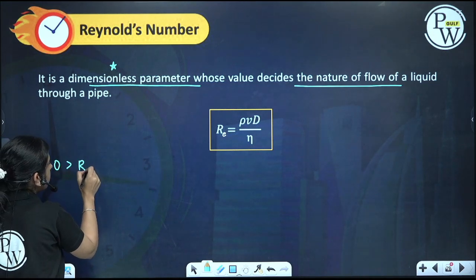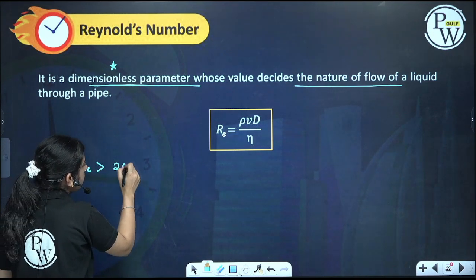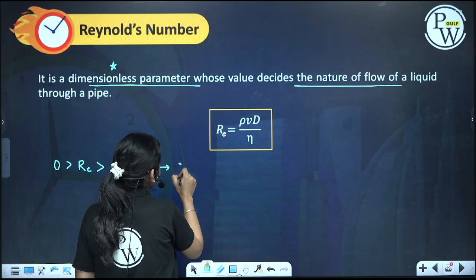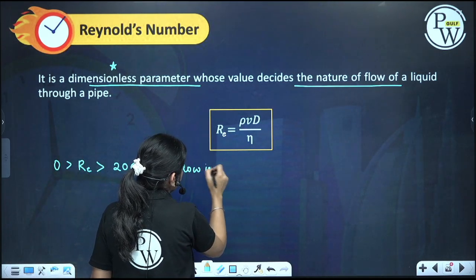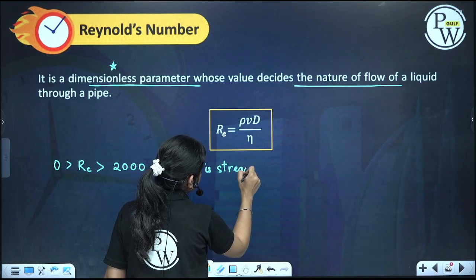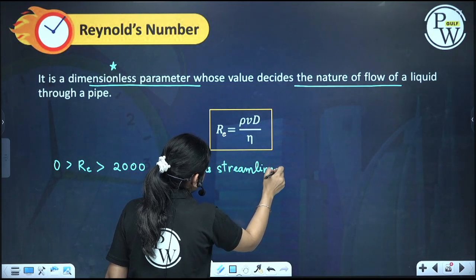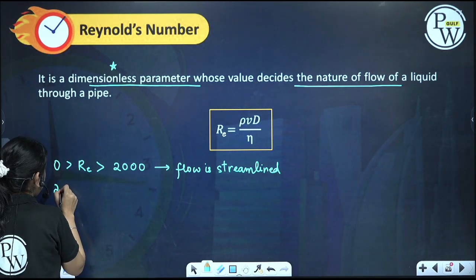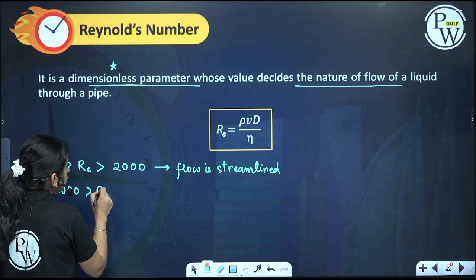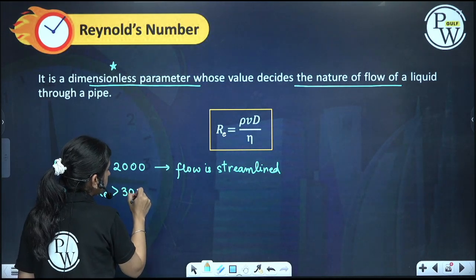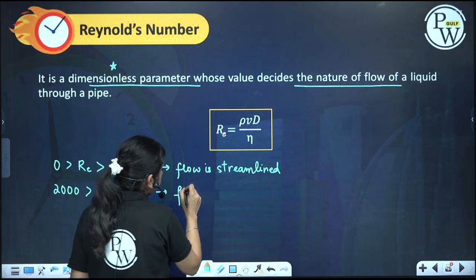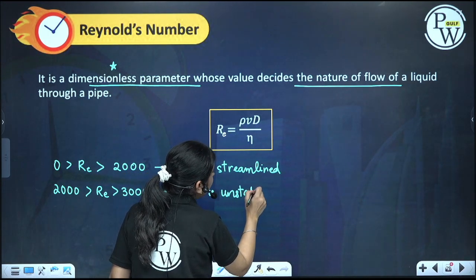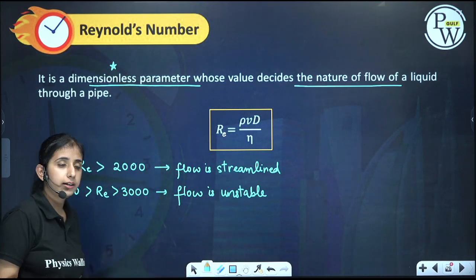If the Reynolds number lies between 0 and 2000, then the flow is streamlined. If the Reynolds number is between 2000 and 3000, then the flow is unstable; it can be streamlined, it can be turbulent as well.